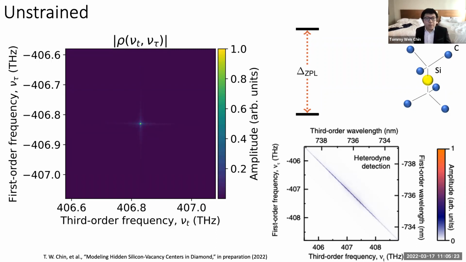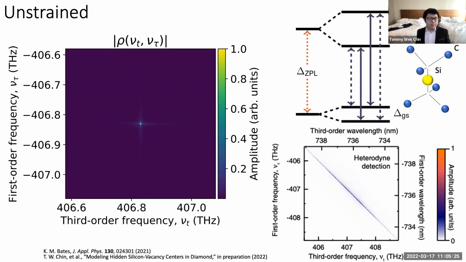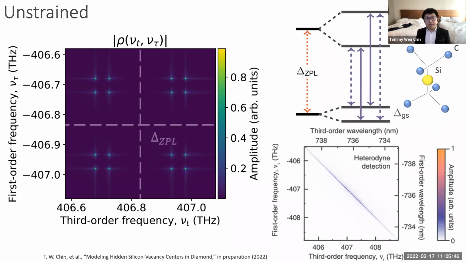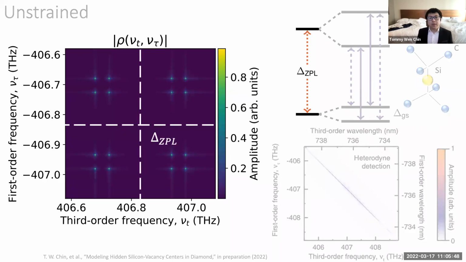Now, to add a little bit more complexity to our system, due to spin-orbit coupling, each of our ground state and excited state is split into 2 states each, giving us a total of 4 states. This results in 16 Lorentzian peaks, which stem from the 16 combinations of each pair of our 4 states. Delta ZPL determines the overall center frequency of our 16 peaks.